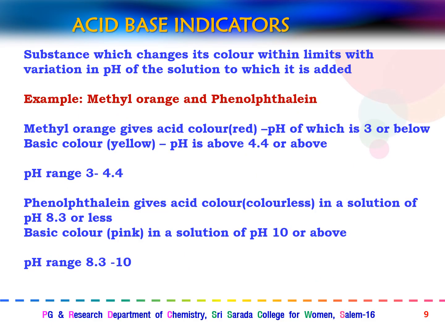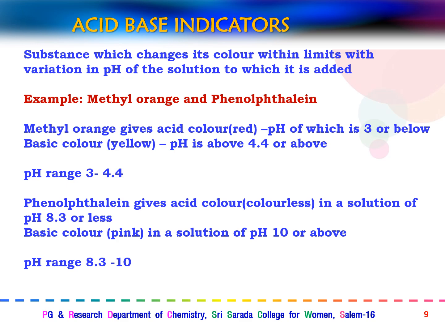Now let us see what is meant by acid-base indicators. A hydrogen ion or acid-base indicator is a substance which changes its color within limits with the variation in pH of the solution to which it is added. The pH range over which the color change occurs varies considerably from one indicator to another.